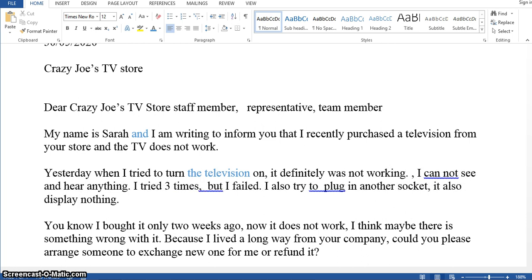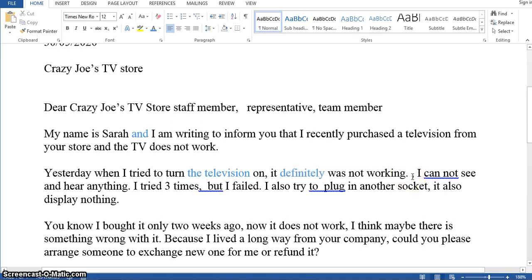I could say it didn't turn on, but we already have the phrasal verbs here, turn on, so always try to use different verbs between two different clauses in the same sentence. So we want variety. And we want emphasis in a complaint letter. So it definitely was not working. Now that's enough here. I think that sentence is complete.